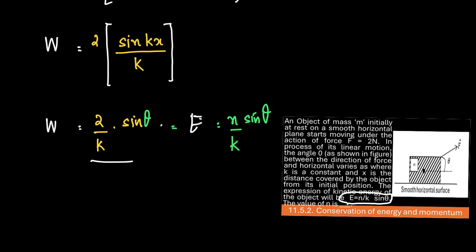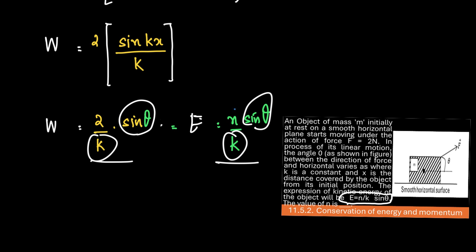Now when you compare these two equations, we get sin theta and k on both sides, which means the only unknown variable is n, which is equal to 2. Therefore the value of n would be equal to 2.